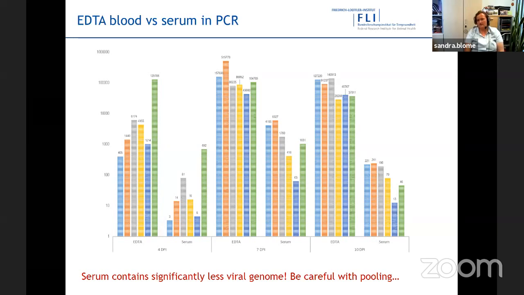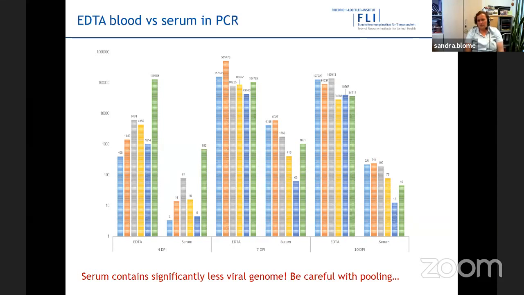So keep in mind, it's a disease that can be transmitted by ticks. The virus is attaching to erythrocytes. And in the initial phase and later phase, the serum contains much less viral genome than EDTA blood or whole blood with the erythrocytes. You see on day 7, all the animals were sick.